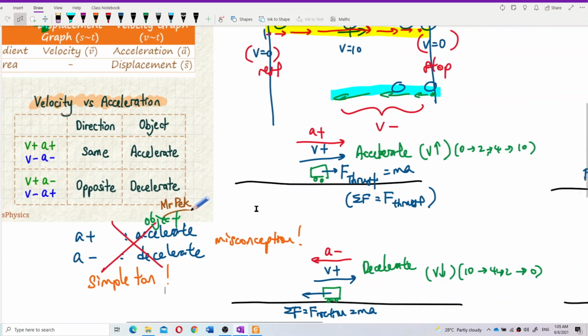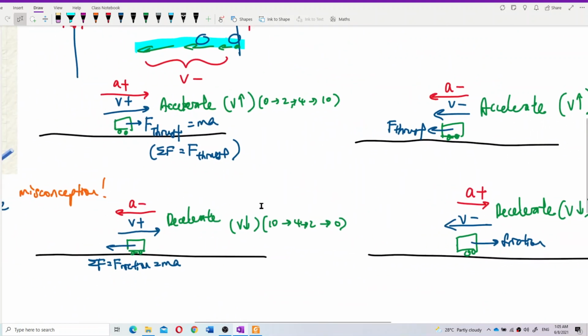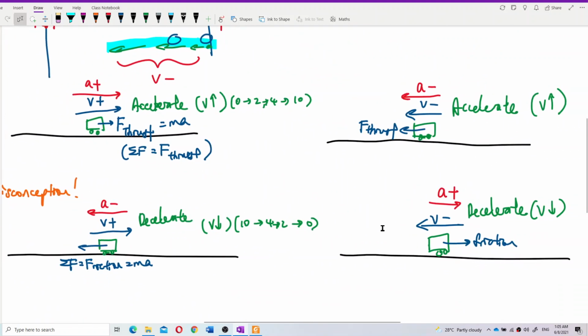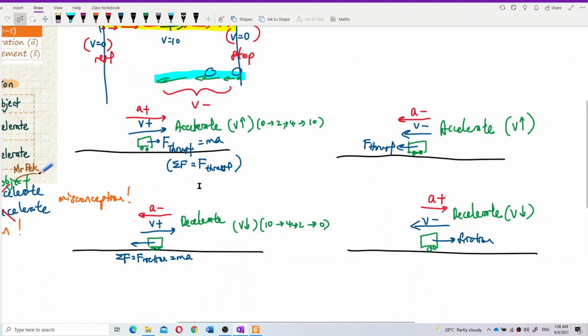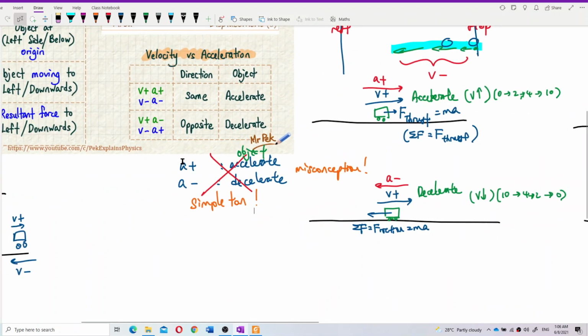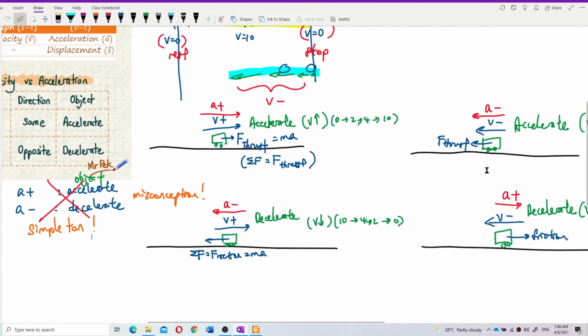The actual case, when making a conclusion from here, is that when deciding whether the object will accelerate, you must always compare velocity and acceleration both. Don't just look at acceleration alone and make a judgment. No, we must compare acceleration with velocity.